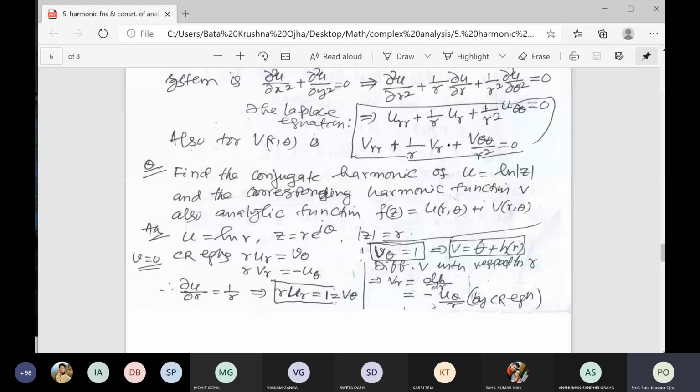So minus u_theta by r is equal to h dash r. So u_theta is equal to minus r h dash r.